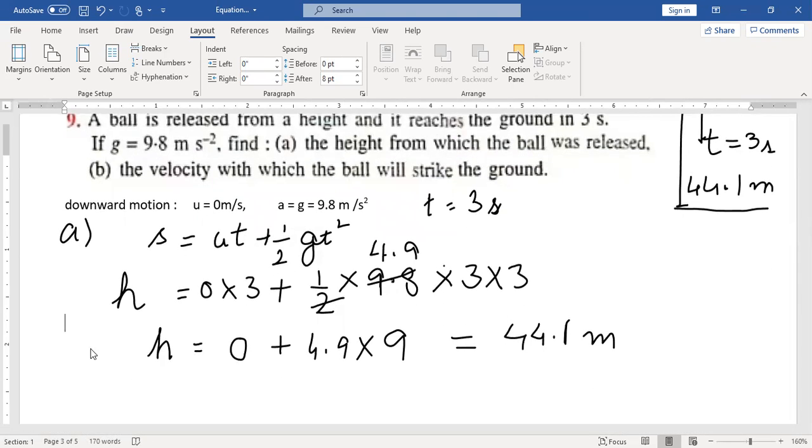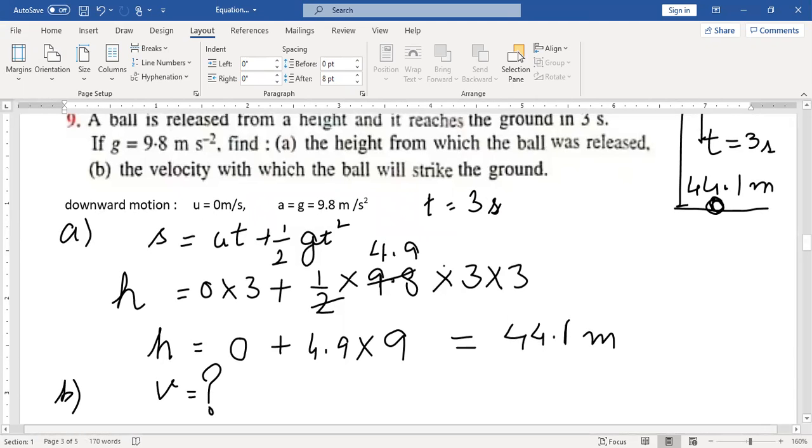Now for question number 9, B part, the velocity with which the ball will strike the ground. That means the ball has reached the ground now. So for B part, we have to find final velocity.